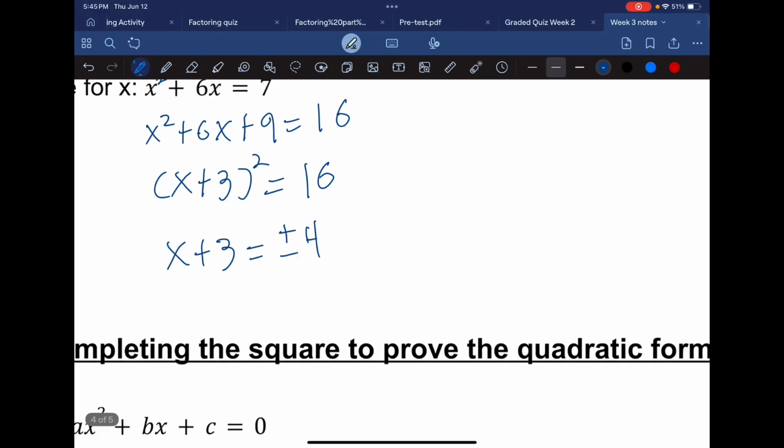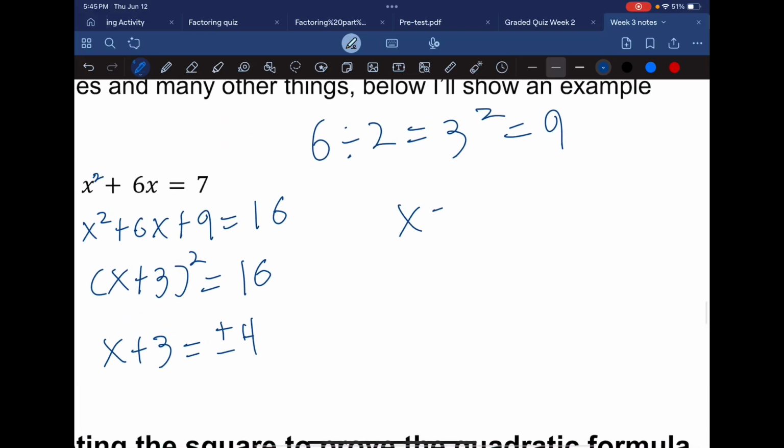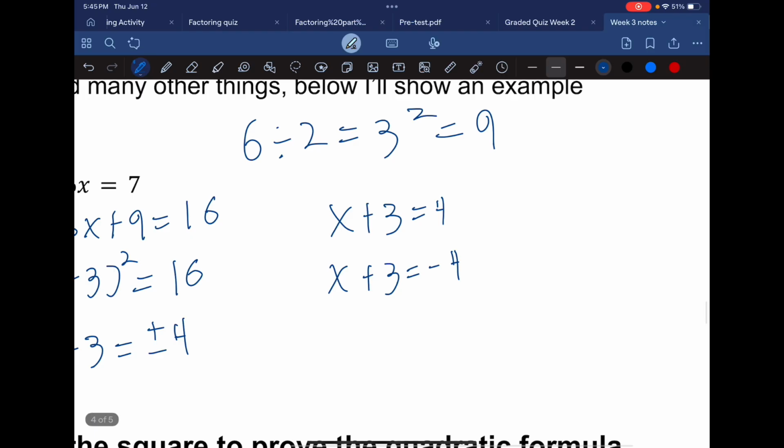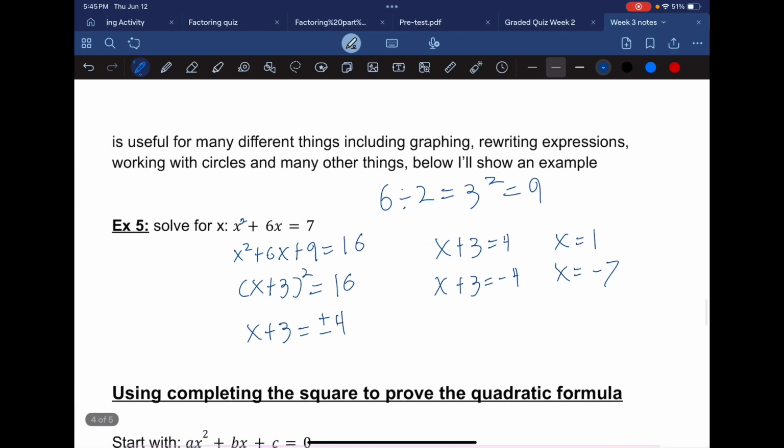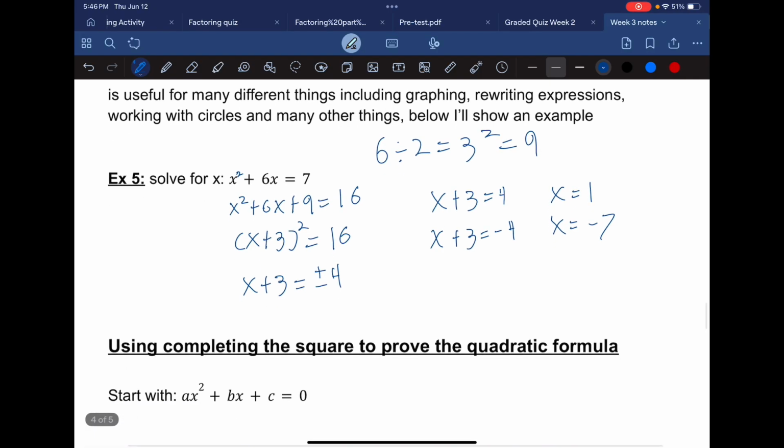So let's write it separately: x plus 3 equals 4, and x plus 3 equals negative 4. So then x equals 1 or x equals negative 7. Right? It was just a little bit simpler of a way to do it for me. It meant we didn't have to rearrange the equation or anything else.